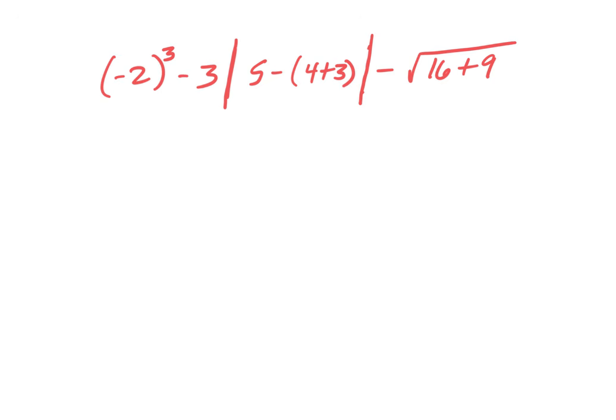Okay. First step is parentheses or grouping symbols, right? So anything that's inside of some type of grouping symbol. This would be considered a grouping symbol because there's an operation underneath the square root. So because there's something underneath the square root, I would want to do that. I would also want to do all of this because it's inside of the absolute value.